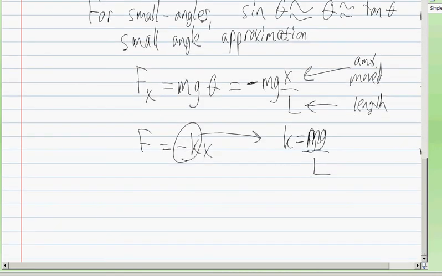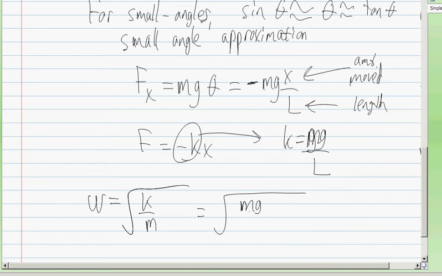So if we go back to what we learned about omega, the angular frequency for a spring-mass system, which is the square root of k over m, then this will be the square root of mg over L all over m.